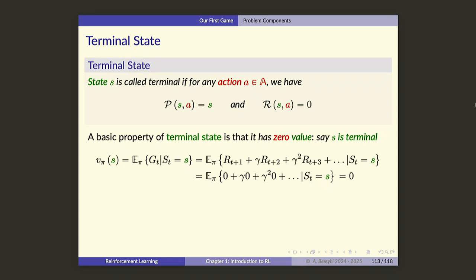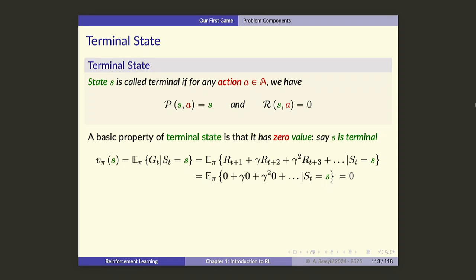You got into it, the game is finished, and after that, whatever you press, nothing is going to happen. So you're always going to collect 0, and you remain in the same state. Yes, in this example, for this setting, exactly.